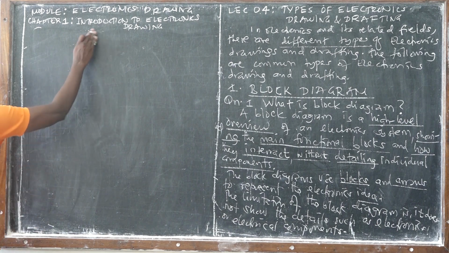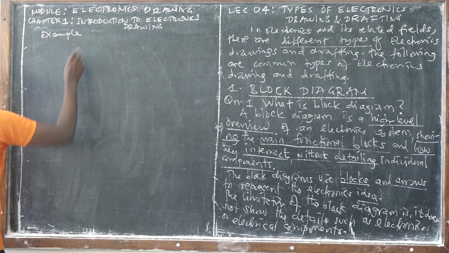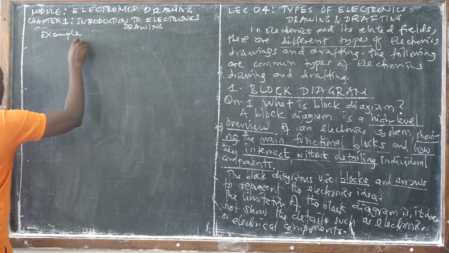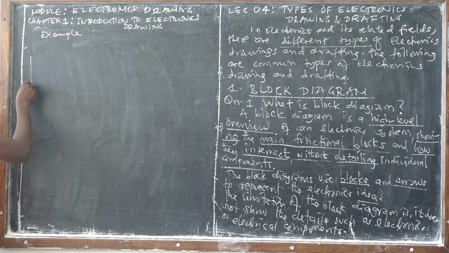So, examples of block diagrams. I will give you a few examples, and the rest I will leave you to go and find. For example, a block diagram of a linear power supply.